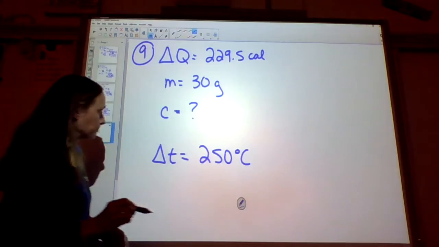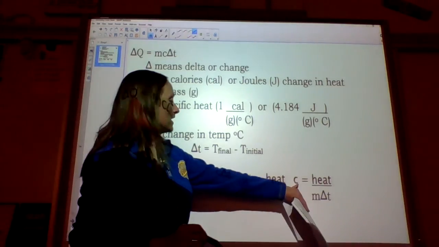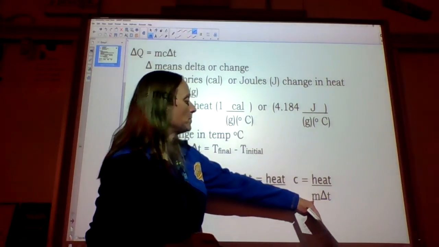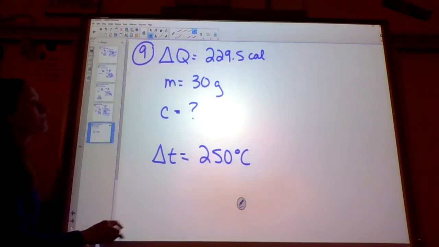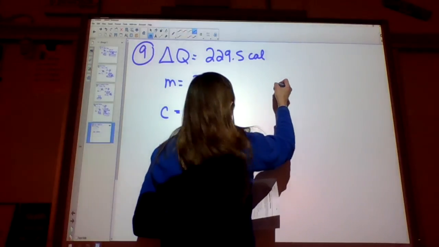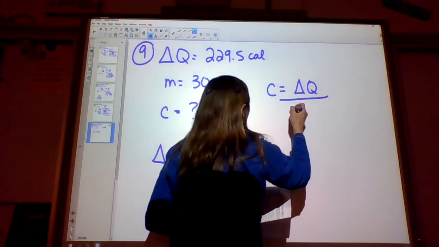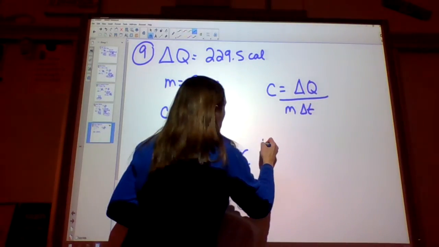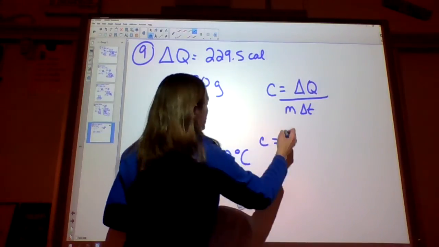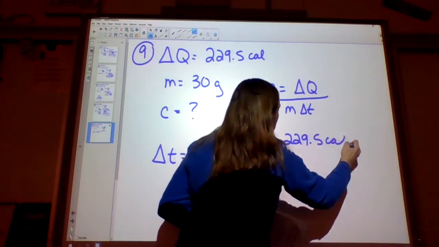calories. Okay. So when we're solving for specific heat, we're looking at our C formula. We call it the MAT formula. So heat over M times delta T. So our delta Q is 229.5 cals.